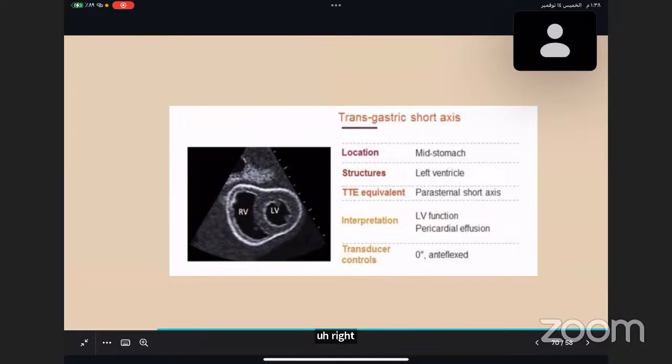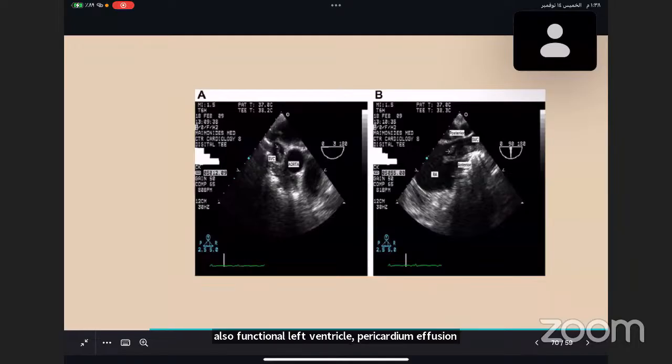We can also assess left ventricular function and pericardial effusion. And in this picture we can see the superior vena cava, aorta. We can see turbulence in the flow.